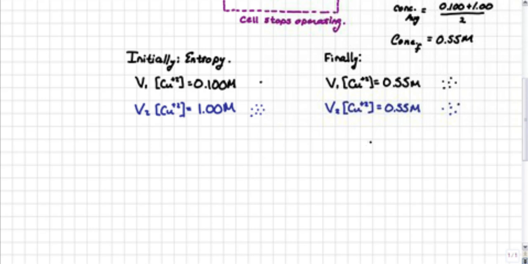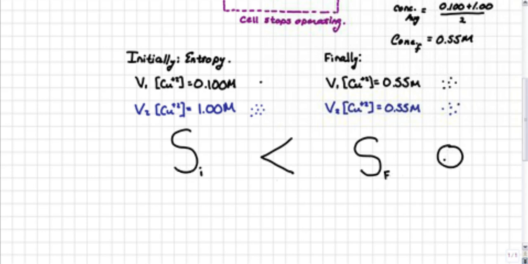And so if we consider this process to be the situation representing the final entropy, and this situation representing the initial entropy, we can say that the final entropy is actually greater than the initial entropy, as finally the particles, in this case the copper ions, are more uniformly distributed between the two containers. This, of course, is a sign of universal increasing entropy, and we would then think that this would contribute to a spontaneous process.